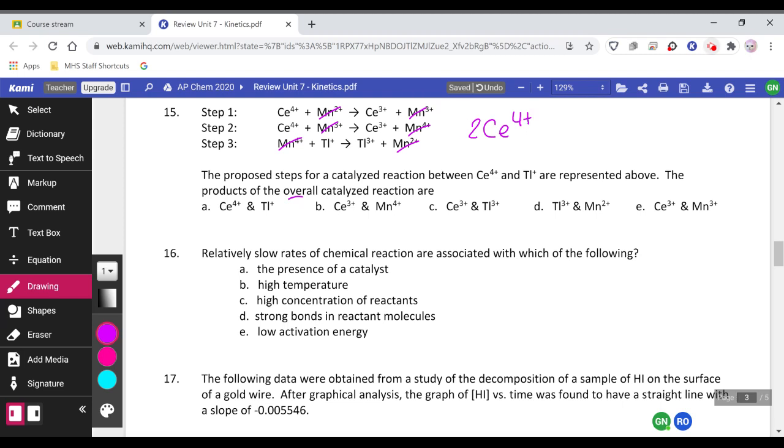We have 2 Ce4+. And for my products, I'm left with Ti3+ and 2 Ce3+. Okay, so that matches up with answer C.